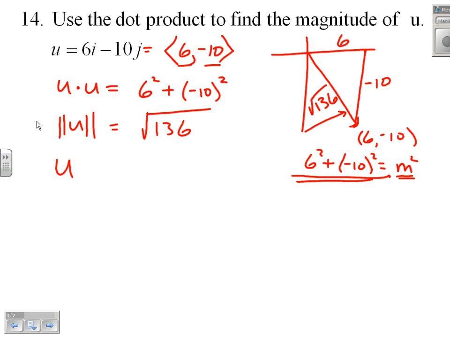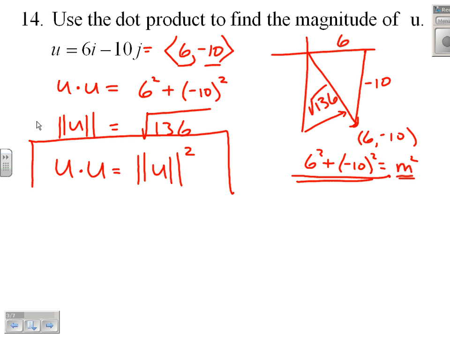So we see that u dot u actually gives us the magnitude squared. This formula right here is exactly the Pythagorean theorem in vector land.